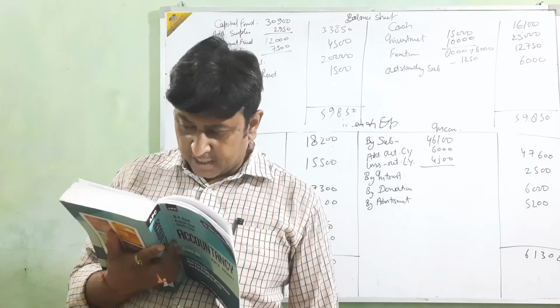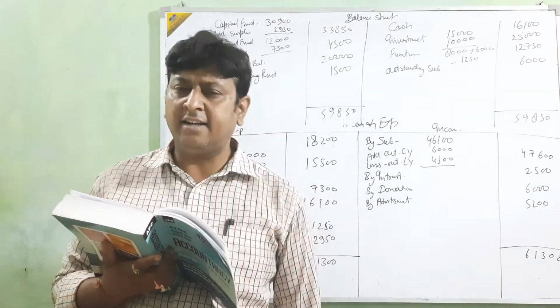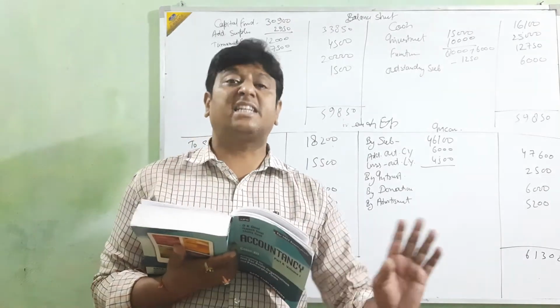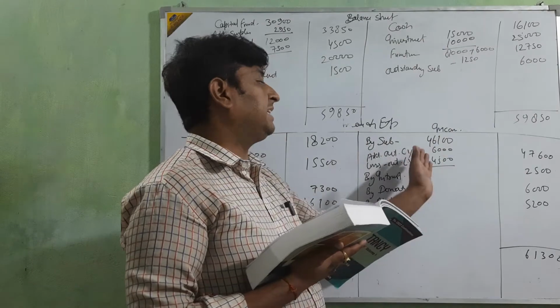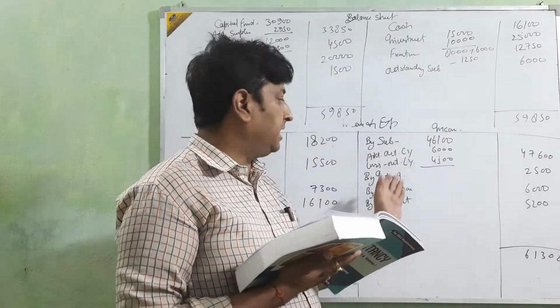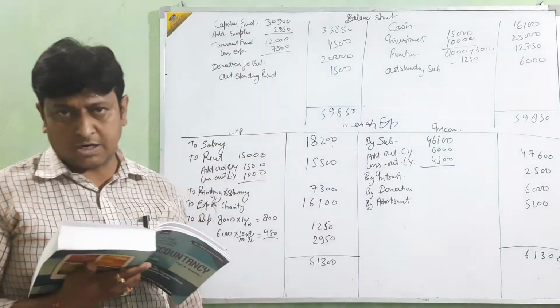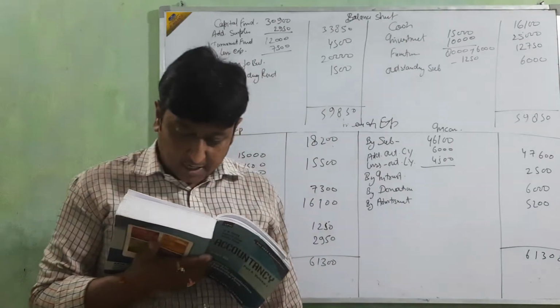Then next, subscription is there. Subscription included 800 something, 600 something, that will be less, beta. We are going to show subscription less 600. Then outstanding for current year will add and outstanding for last year will less.